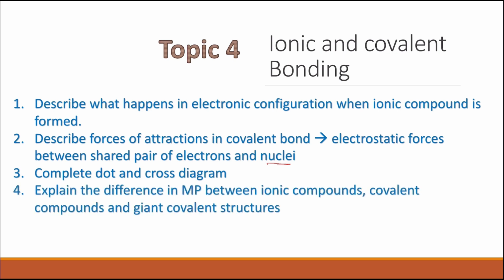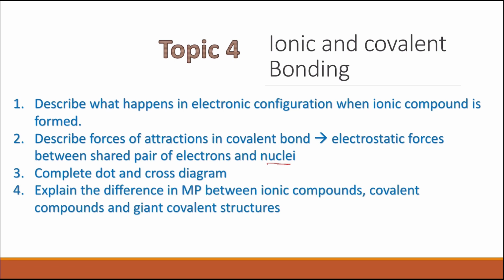Explain the difference in the melting point. So this is very common in the exam. It could be explain the difference between ionic compounds and covalent compounds, simple covalent compounds, or between giant covalent compounds and simple covalent structures. So remember, ionic compounds have a giant ionic lattice.